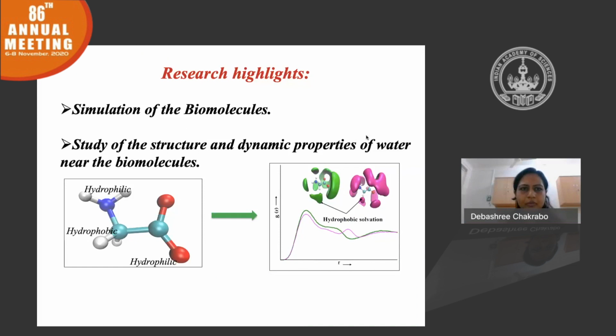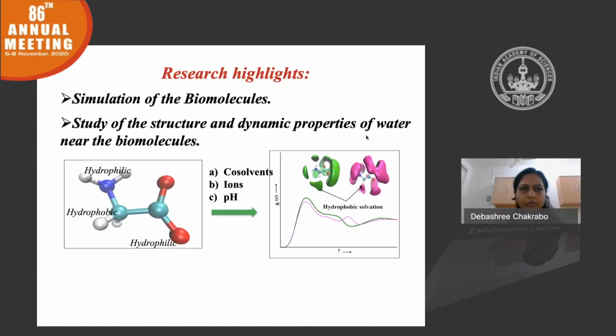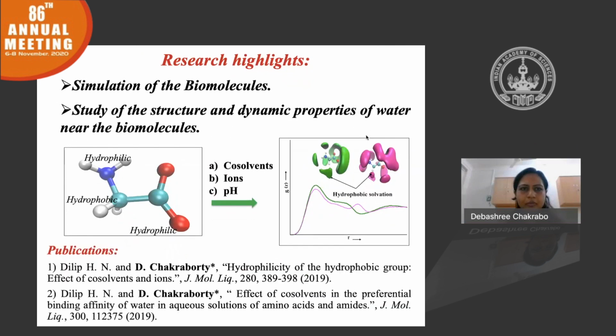We have also done some studies which show that if there is an extra hydration layer near the hydrophobic unit, that leads to stabilization, and this is modulated by the presence of different co-solvents, ions, pH, etc. We have a couple of publications in this regard.